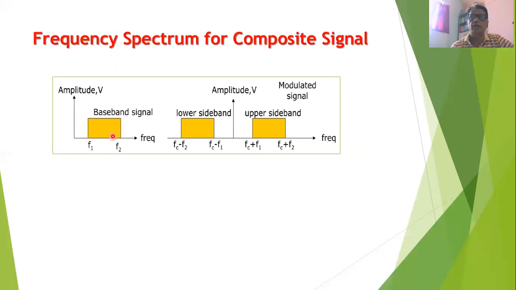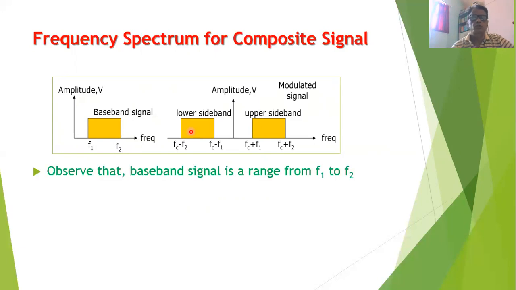And when such a signal is processed through amplitude modulation, we will get the upper sideband and lower sideband. So the upper sideband frequencies in this case will be fc plus f1 to fc plus f2, and the lower sideband frequencies will be fc minus f2 to fc minus f1.